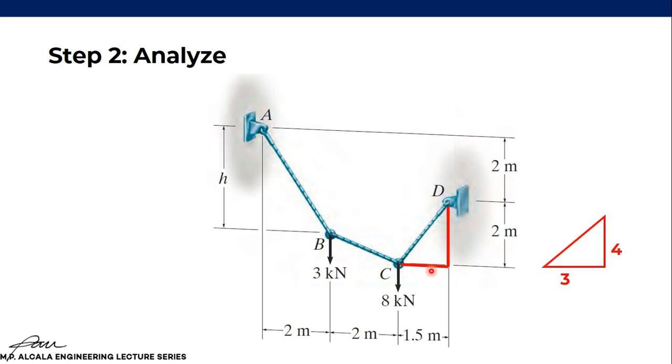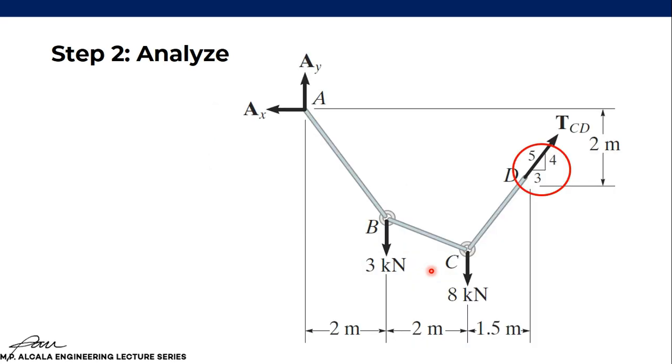That is a special type of triangle, the 3-4-5 right triangle. Thus, later on, we may not use the angle itself, but go straight to the X and Y components of tension CD based on this triangle. So this is what we have understood and analyzed from the given.